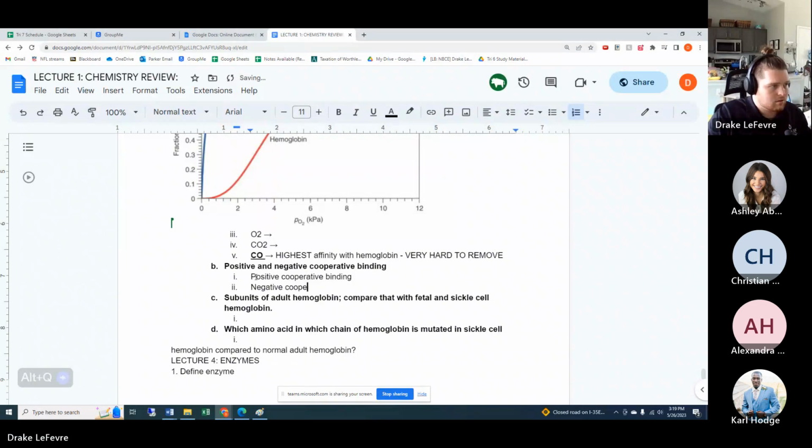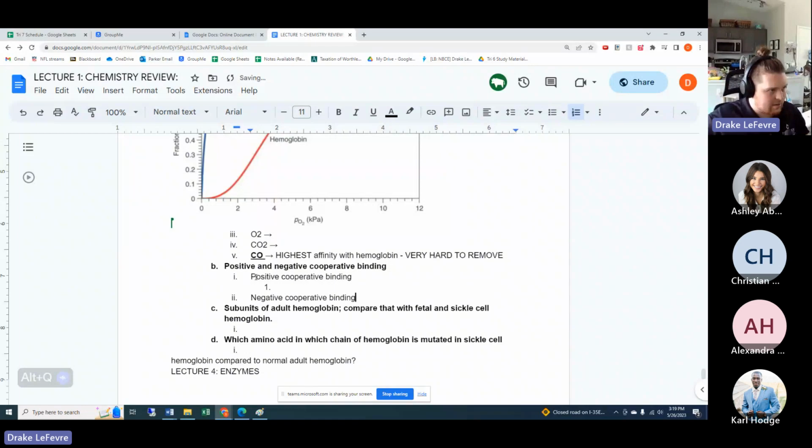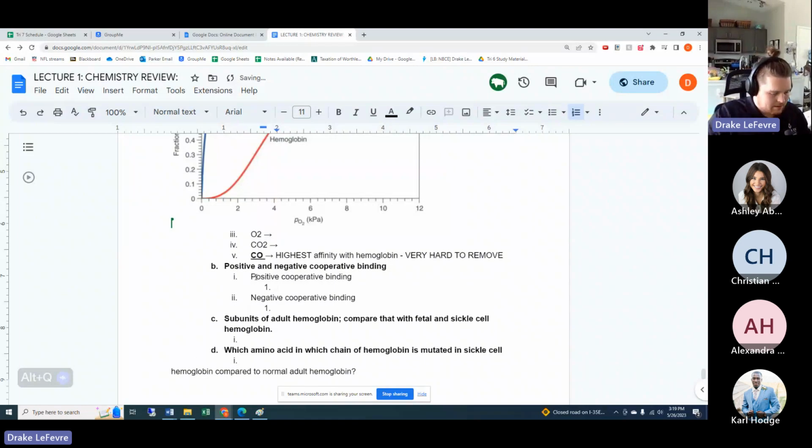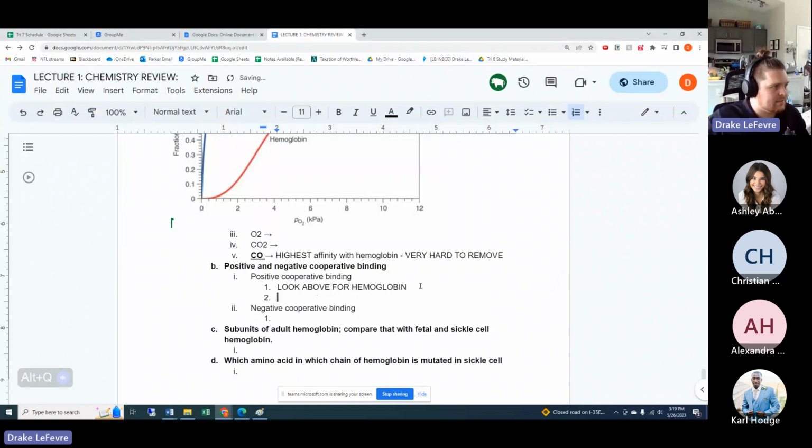Okay, and so whenever we talk about biochemistry, we always have to have opposites, right? So our positive cooperative binding, again, is the actual definition.